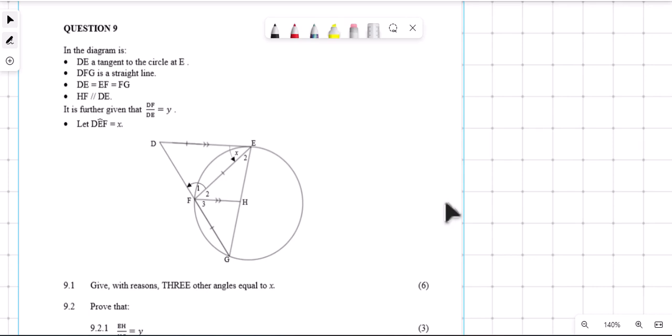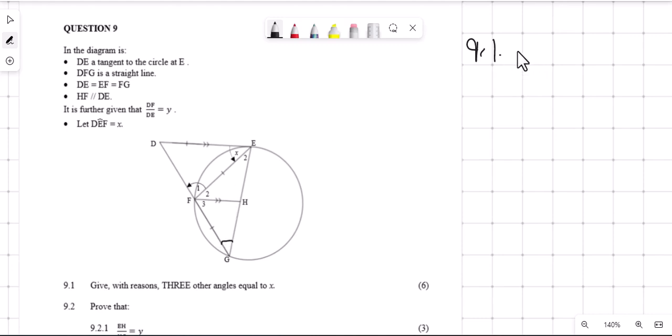Let's see. Give me the first one. Angle D, E, G. Yes, angle G. Why are you saying angle G?